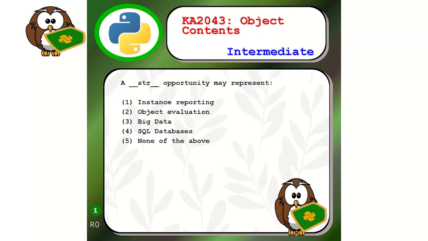Another new intermediate question, KA 2043, object contents. A dunder str opportunity may represent 1, instance reporting, 2, object evaluation, 3, big data, 4, SQL databases, or 5, none of the above.